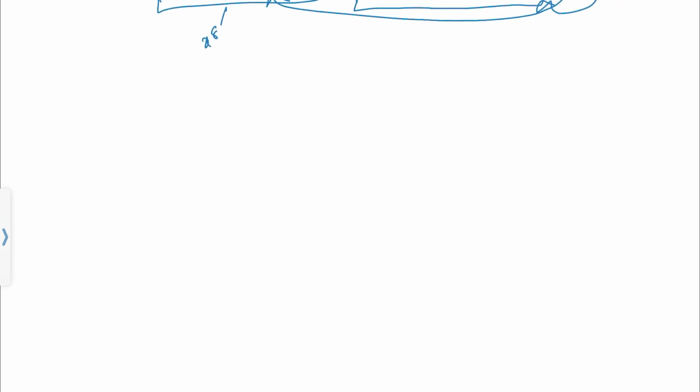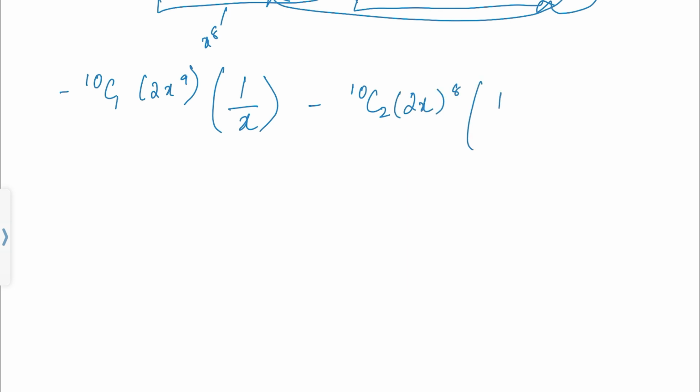So finally solving this, we will be getting 10c1 negative 2x power 9, 1 over x, then minus 10c2 2x powered 8, 1 over x power 2, and then x square.